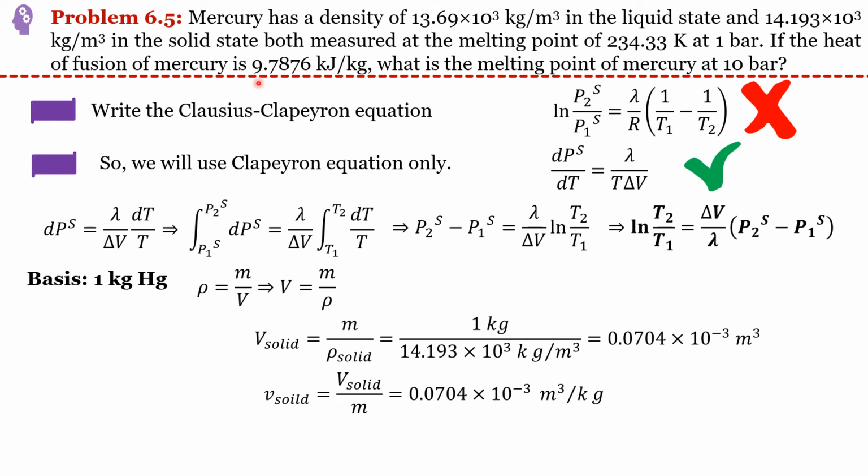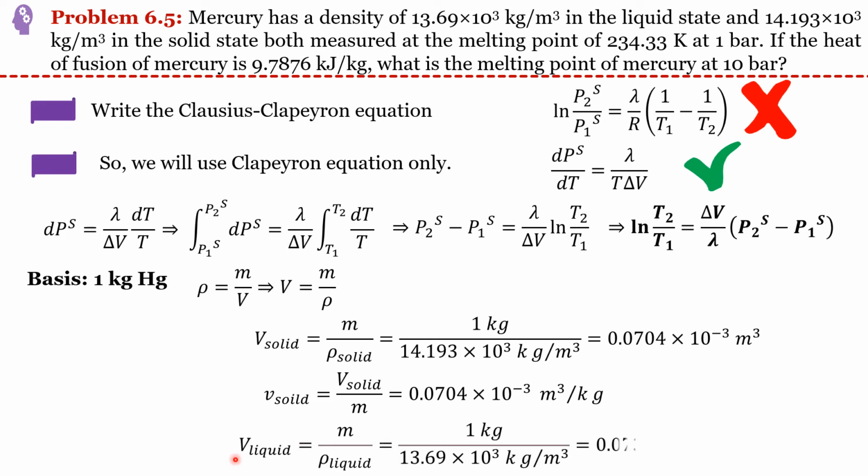If you see the value of lambda, it is given in joule per kg, so we have taken this value in meter cube per kg. If it were given in joule per mole, then we would have taken it in terms of meter cube per mole.